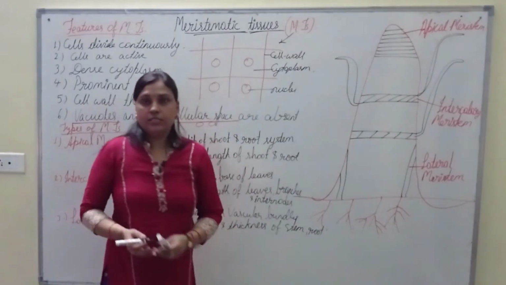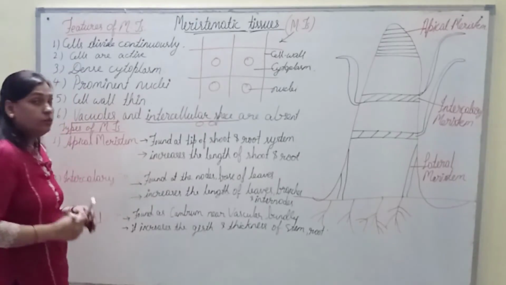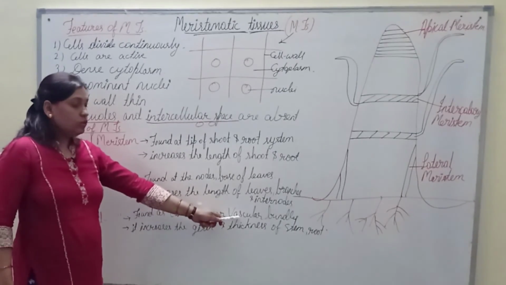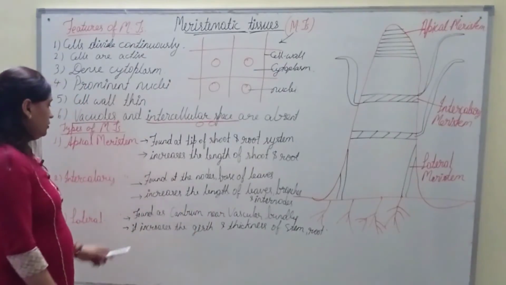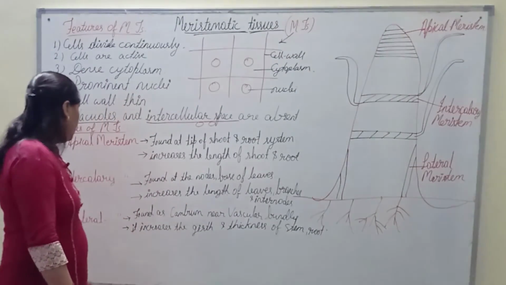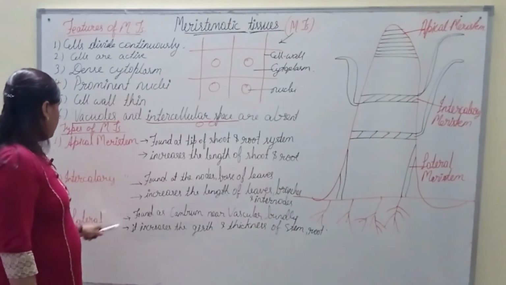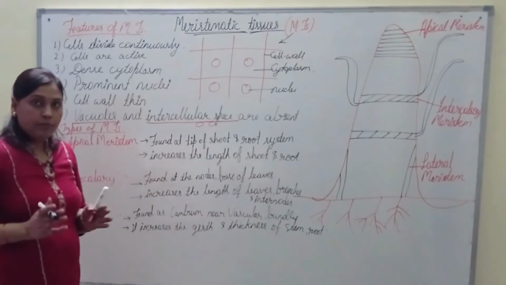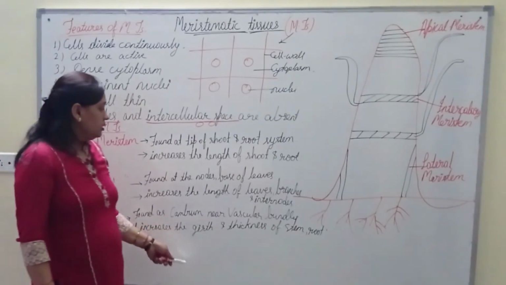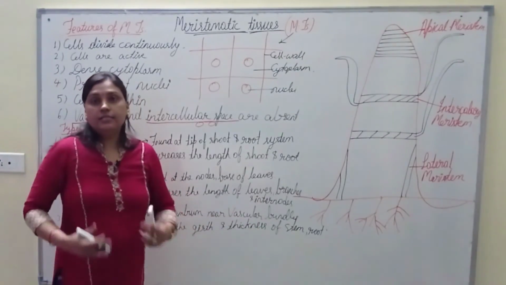Vascular bundles are xylem and phloem. We will read about vascular bundles in later sessions. So lateral meristem is in the form of cambium found near vascular bundles, and it increases the girth and thickness of the stem and root.